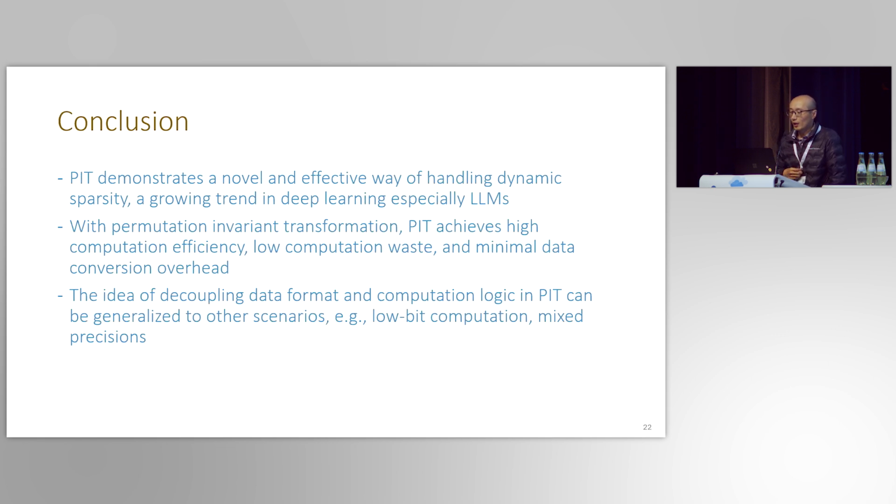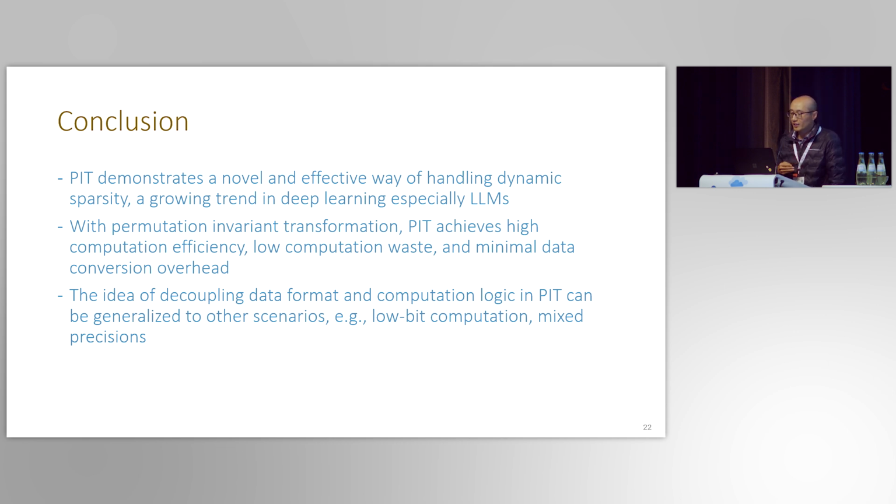To conclude, PIT demonstrates a novel and effective way of handling dynamic sparsity, which is a growing trend in deep learning models, especially for large language models. For example, MoE, dynamic shape, continuous batching in LLM inference. With permutation invariant transformation, PIT achieves high computation efficiency, low computation waste, and minimal data conversion overhead.